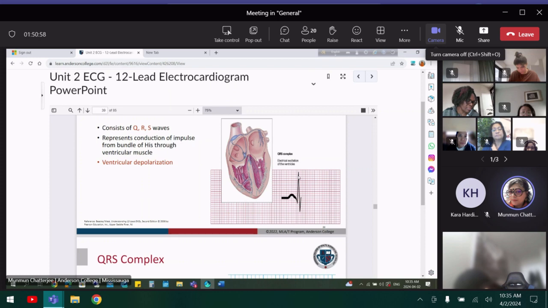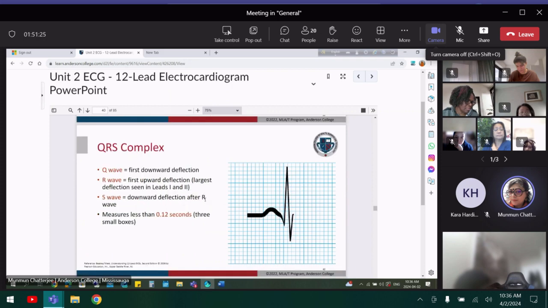This is the Q, this is the R, and this is the S, and this is called the QRS complex, the total QRS complex. Q starts, R is the top, and S goes again from the positive deflection to negative and then comes to the baseline. This is the ventricular depolarization. So the QRS complex represents ventricular depolarization.